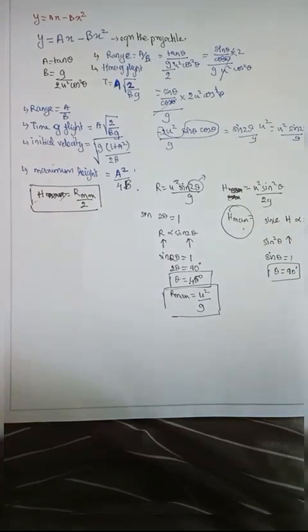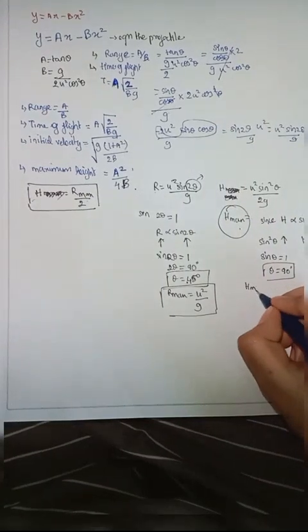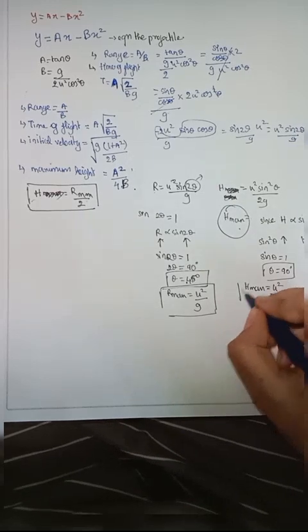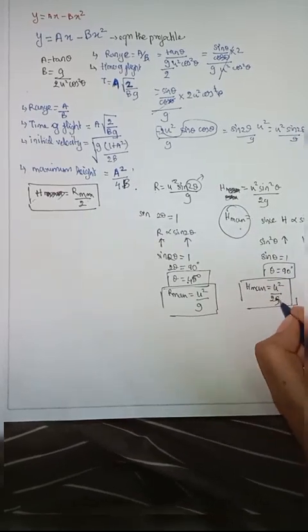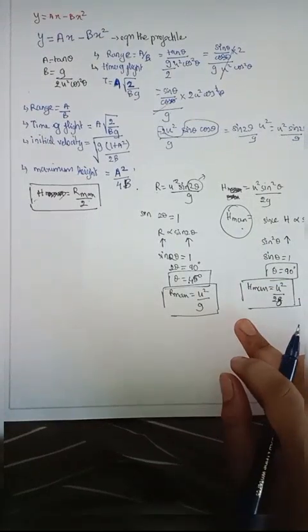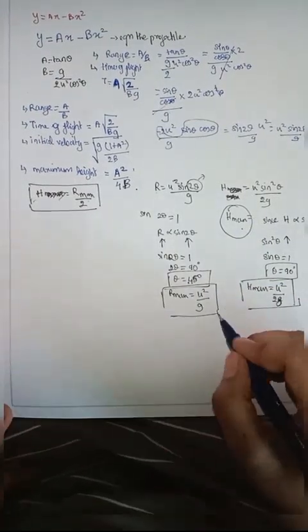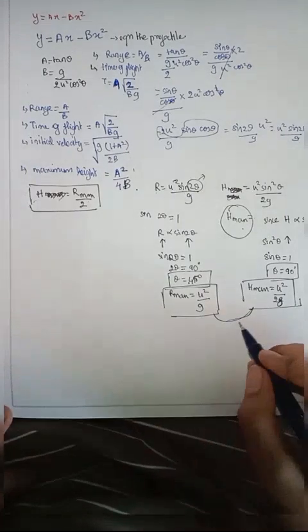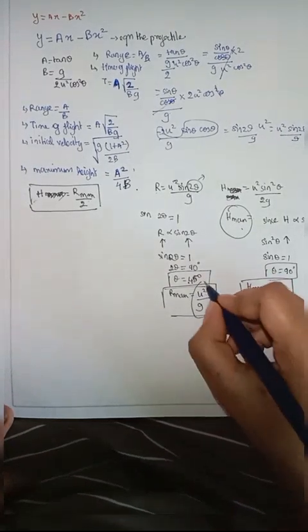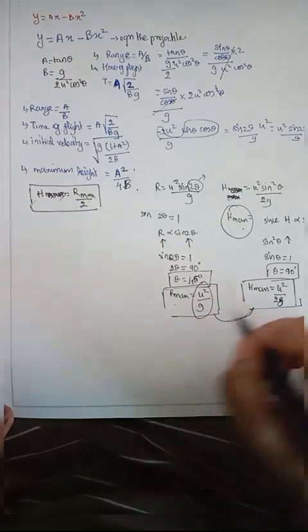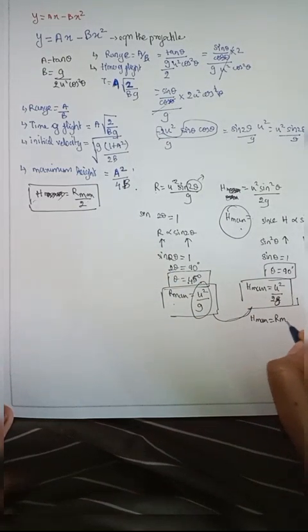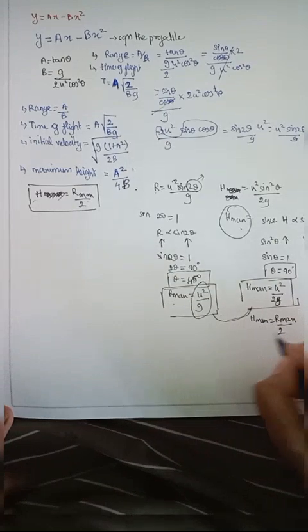If we consider the maximum height, it is simply u squared by 2g. If you compare these two equations, you will see that u squared by g is nothing but R max, so we can substitute: H max equals R max by 2.